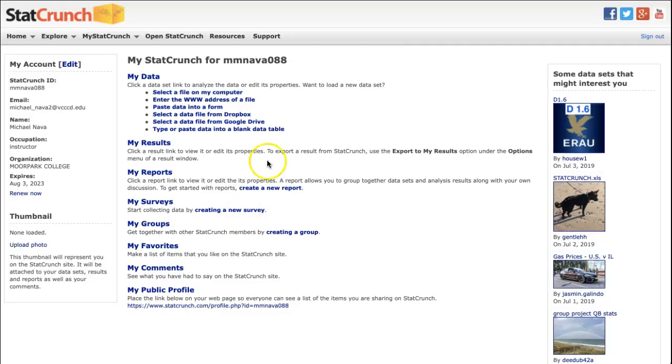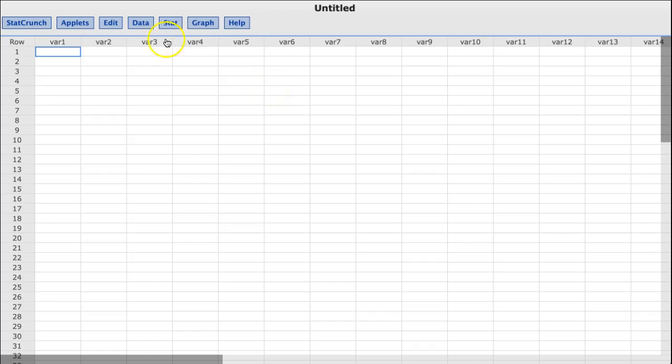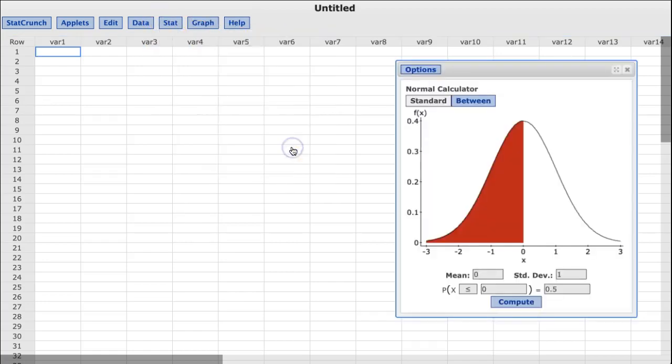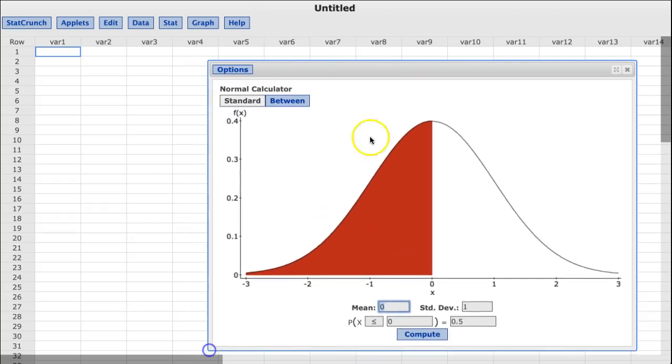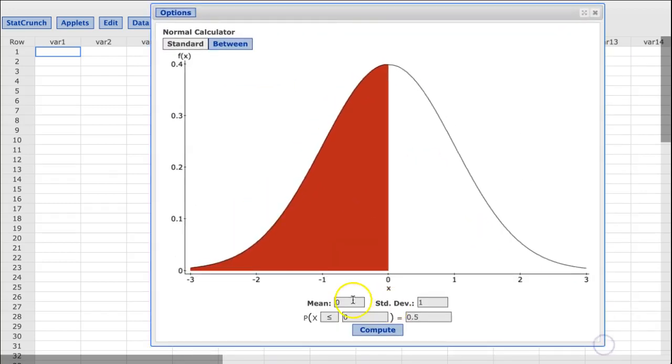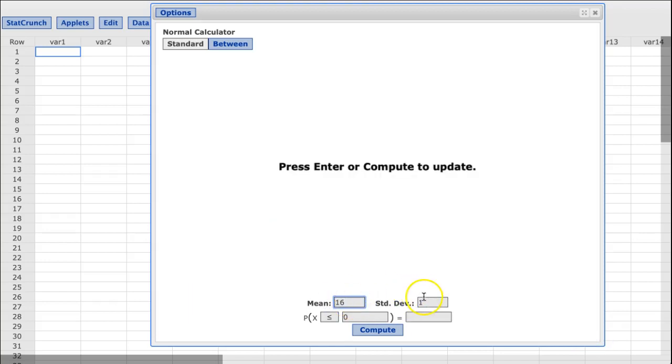I open StatCrunch, go to Stat, then Calculators, and then Normal. The mean here is 16, and the standard deviation is 4.